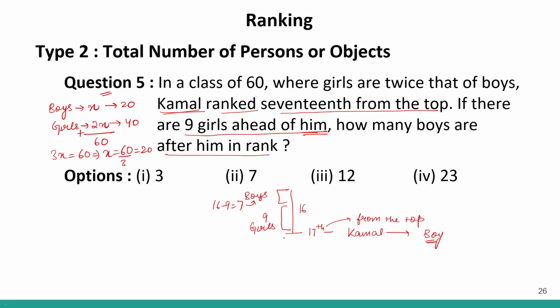So up till this position, we had 8 boys. We have a total of 20 boys. So the number of boys after Kamal will be 12. Therefore, my answer will be option number 3, 12.